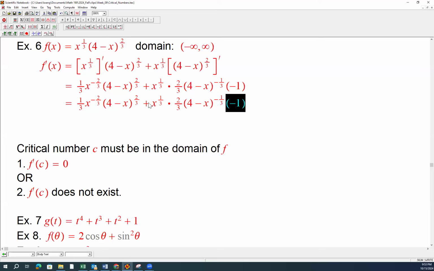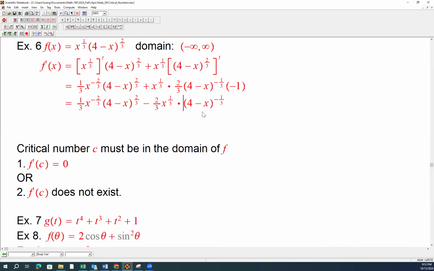The -1 will combine with the product, so this is going to be a negative. And how are we going to reduce this? Let me move 2/3 to the front. So we get x raised to the power 2/3, x to the power 1/3 here.